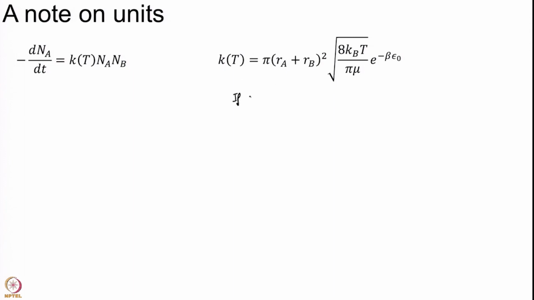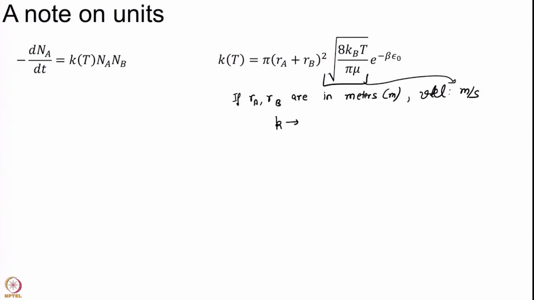If RA, RB are in, let us say, meters, and this thing is velocity, in meters per second, then k is in units of meter cube per second, right. I have this meter square multiplied by meter per second, so I get meter cube per second.